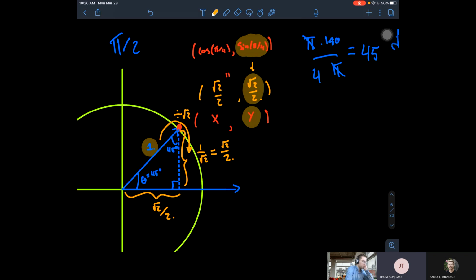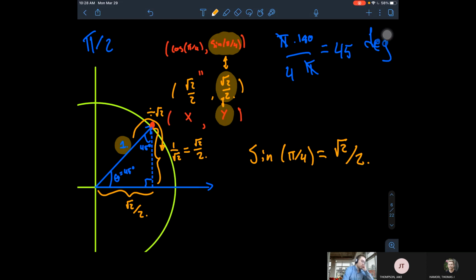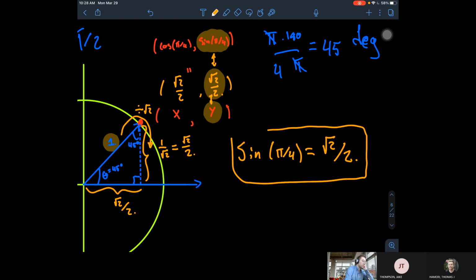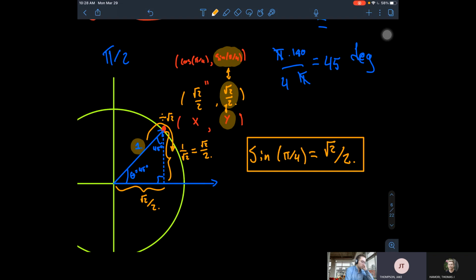This is what we were after the whole time, the y coordinate of this point. And we used the 45, 45, 90 triangle to figure out what the lengths of the sides were. So our answer at the end is square root of 2 over 2. Okay? Okay, I think I understand now.